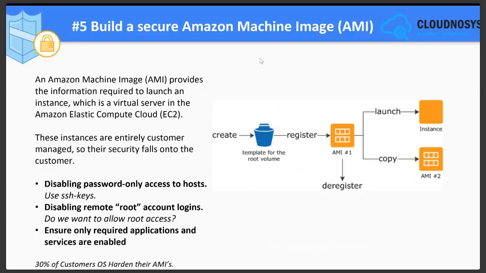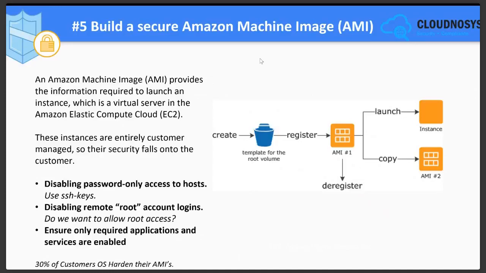It's the same thing. And basically disabling password-only access to hosts, so use SSH keys, and disabling remote root logins. So you have to ask yourself, do we want to allow root access? And you have to ensure that only registered applications and services are enabled.